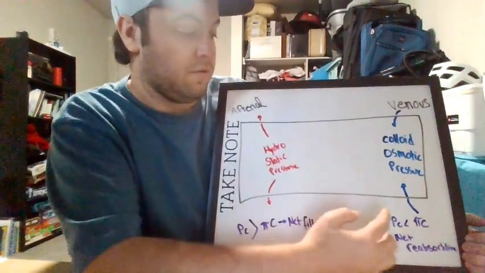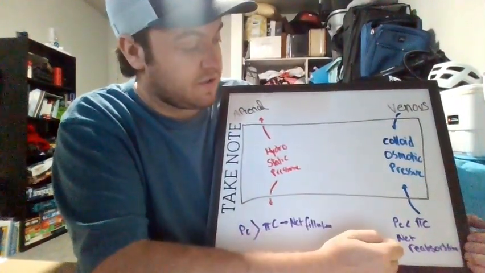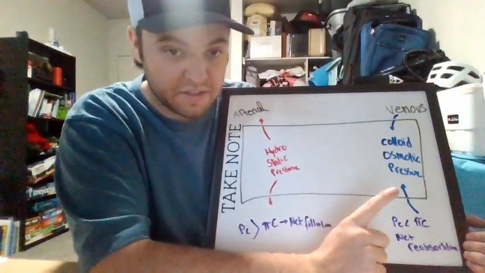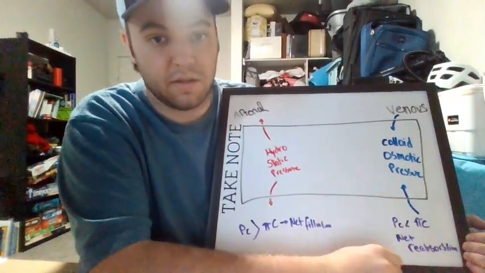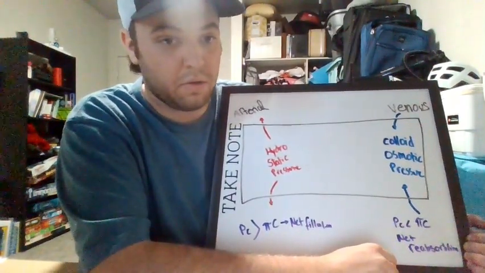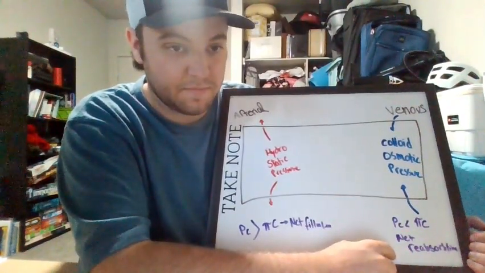And then over at the venous end, hydrostatic pressure drops, osmotic pressure increases, or I guess it doesn't increase, it stays the same. And now the pulling force is stronger, so we get net reabsorption.